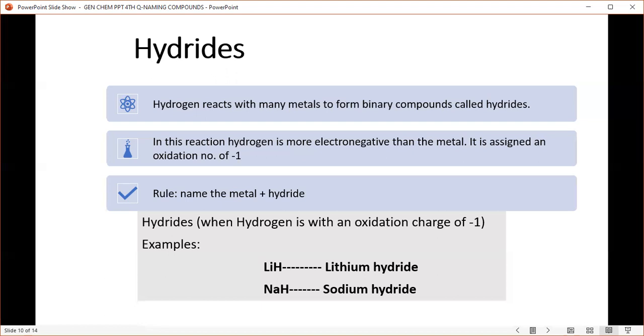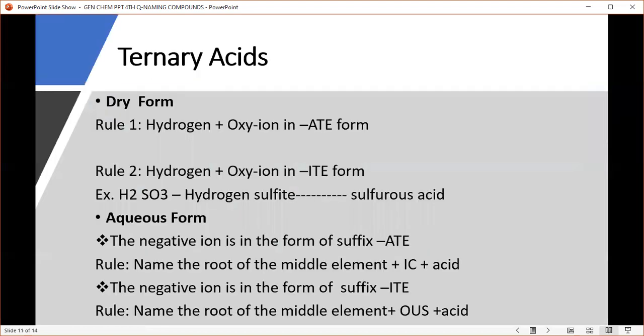Next we have NaH. Na is sodium, name the metal and then put in the term hydride. So sodium hydride. The same thing applies with all other metals reacting with hydrogen. Let's go ahead to the next one.